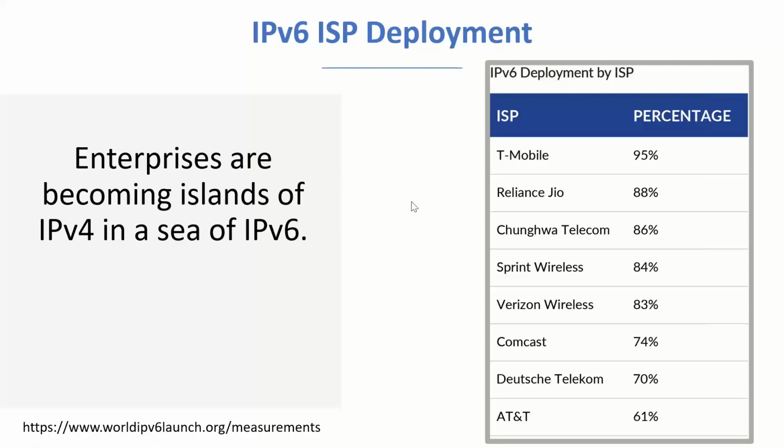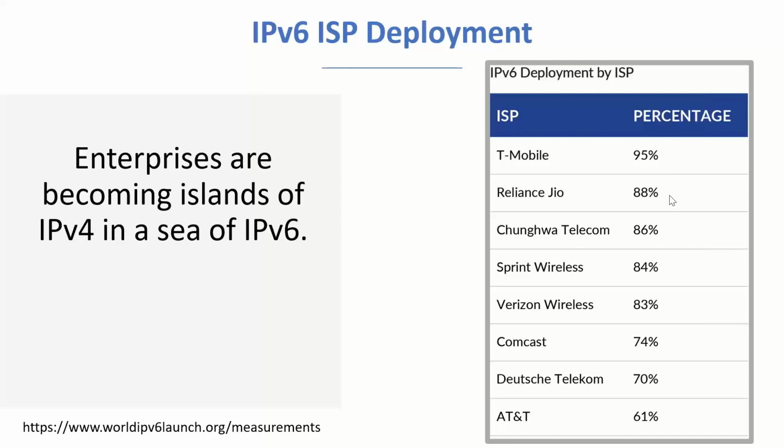Upward. But many people are afraid that unless ISPs, unless enterprises deploy, then they will become islands of IPv4 in a sea of IPv6. So you can see here, these are the measurements from the World IPv6 Launch, and you can see T-Mobile has a very large v6 deployment.